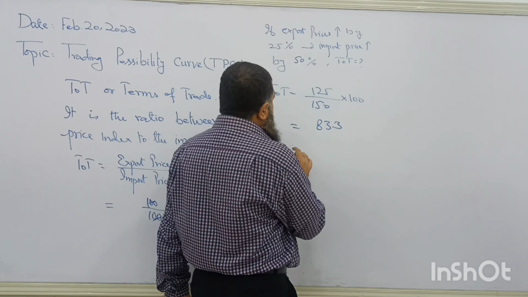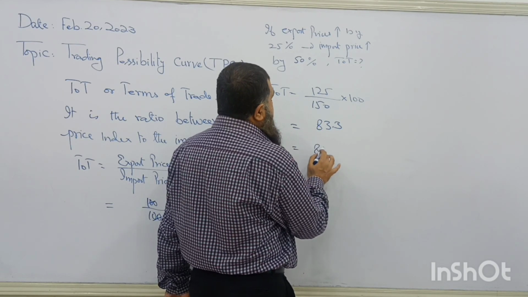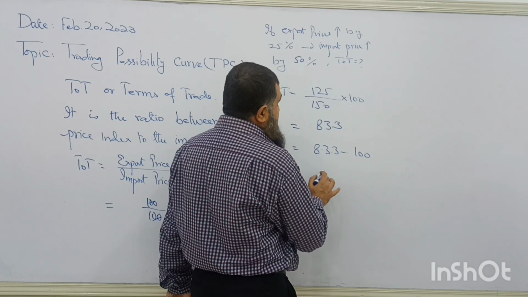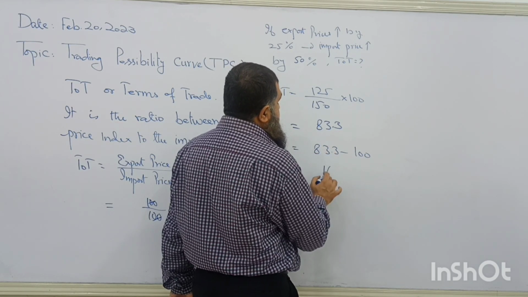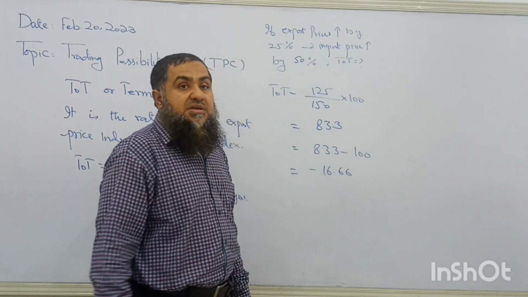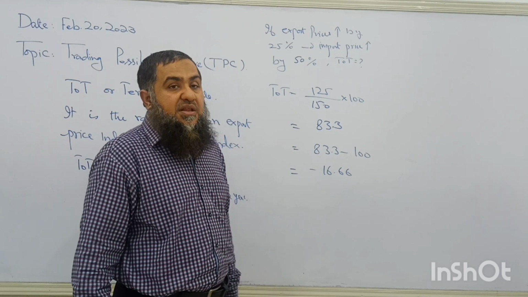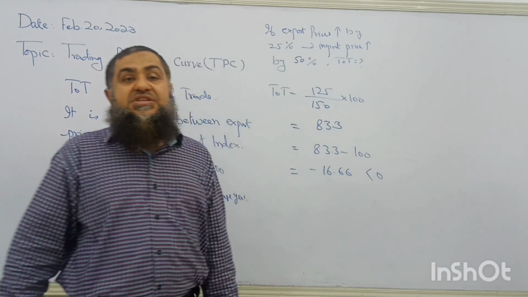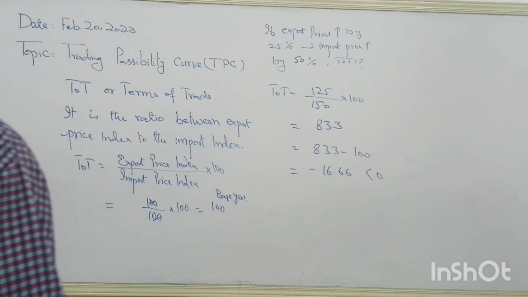Yes. Now the change in terms of trade, 83.3 minus 100, that is 16.66 minus. It is in minus sign. So it is now less than 0. It is a negative sign with it.